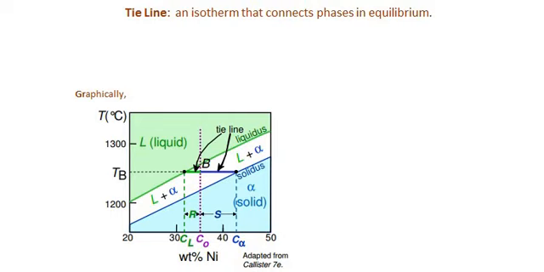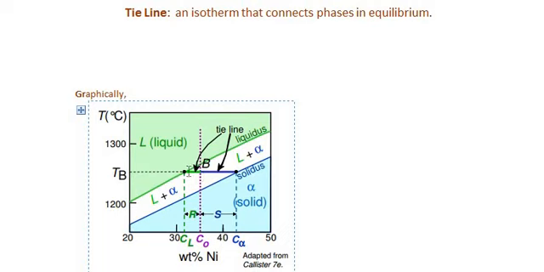Here also, as we mentioned earlier, the tie line is an isotherm, that is, a line on the same temperature TB. What we mean is that on each point of this straight line here, it has the same temperature. That's why it's called an isotherm. Iso stands for same, so isotherm means same temperature.